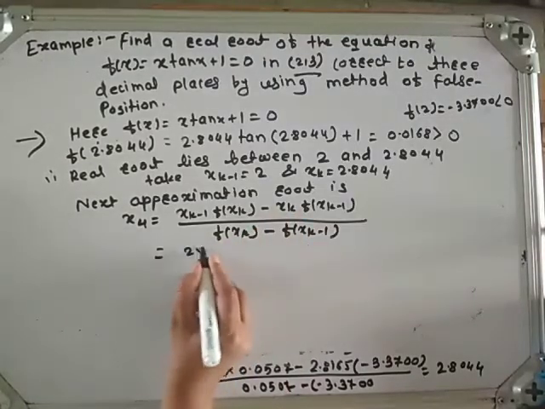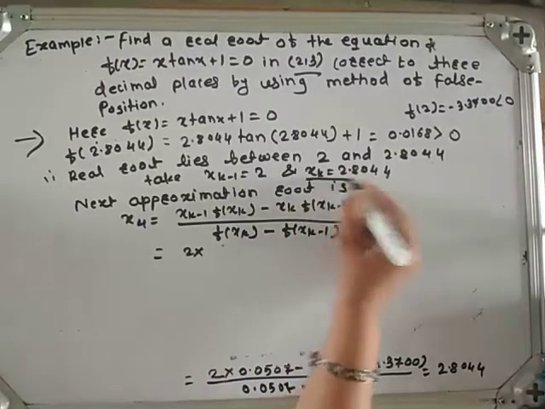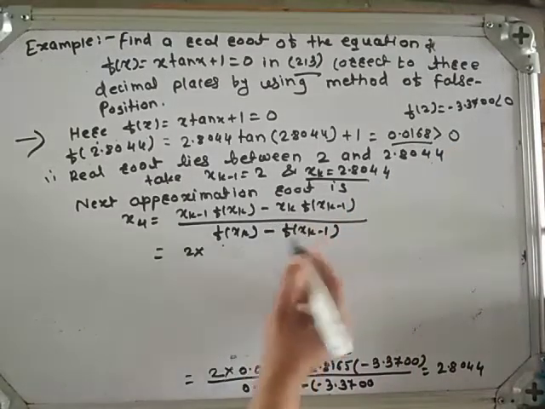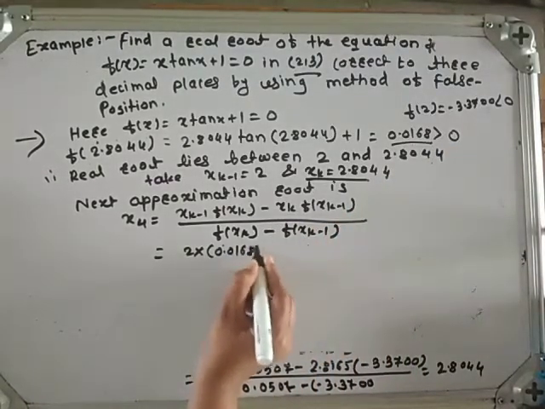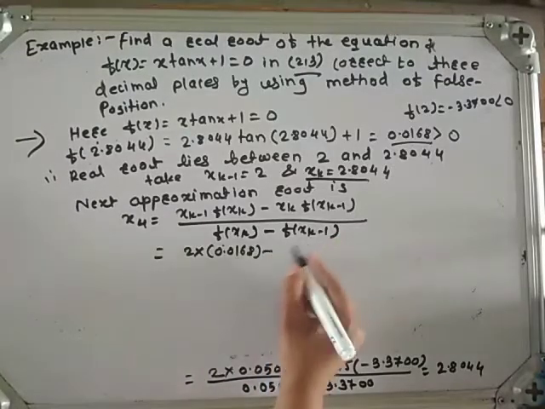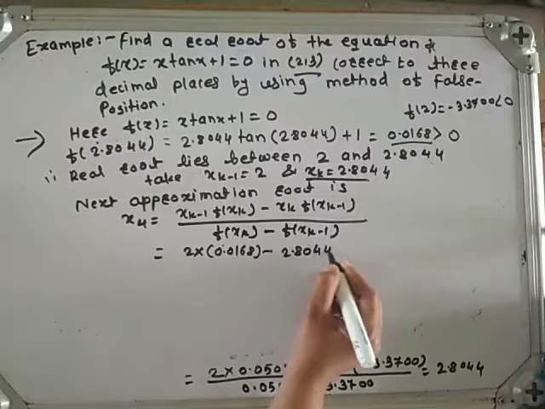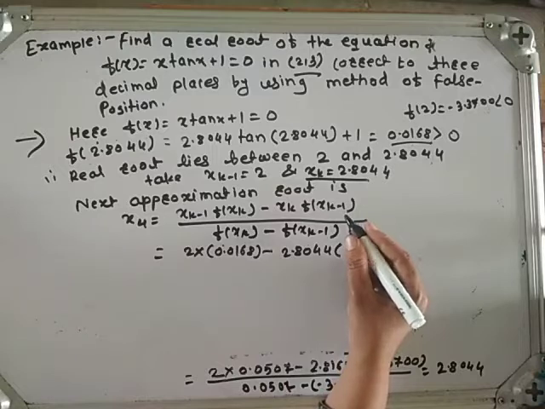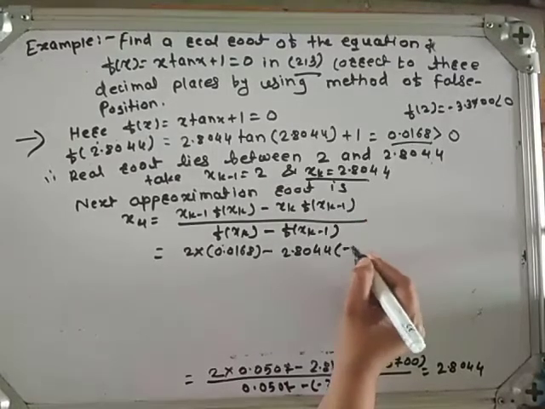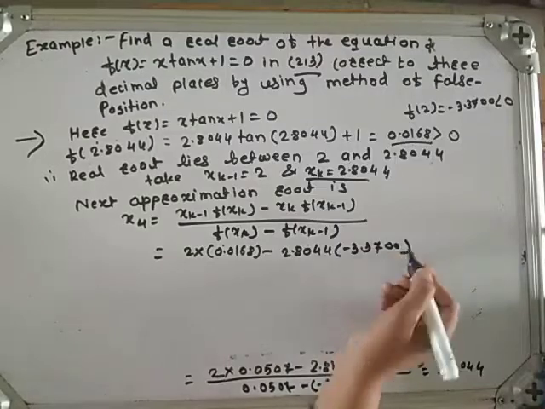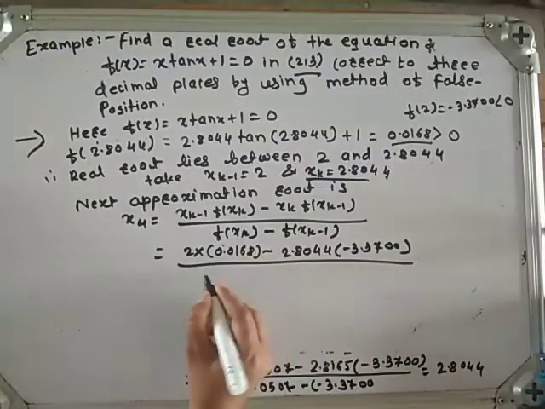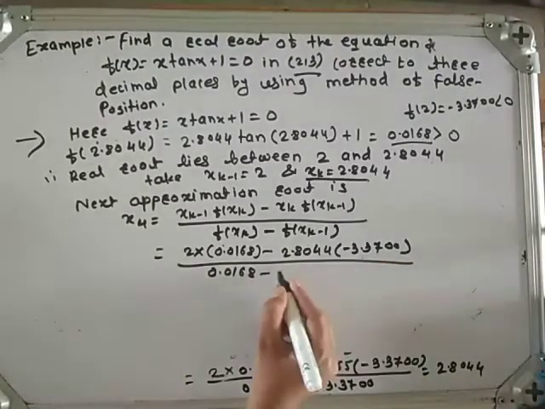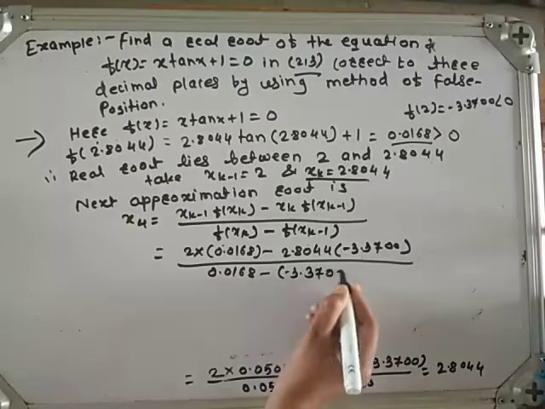Here xk minus 1 is 2, f of xk, that is f of 2.8044, which is 0.0168, minus xk, which is 2.8044, into f of xk minus 1, meaning f of 2, that is minus 3.3700, upon 0.0168 minus this value minus 3.3700.